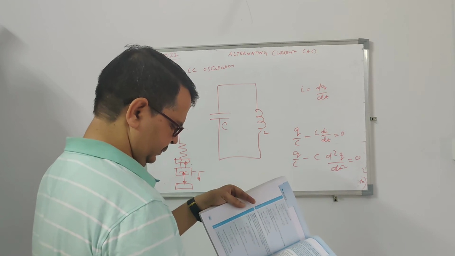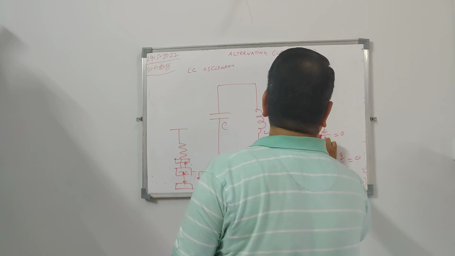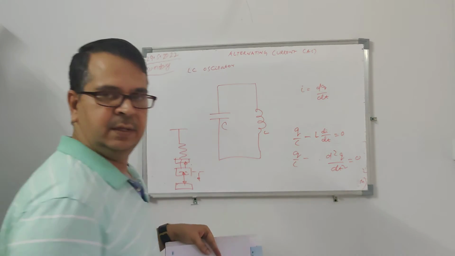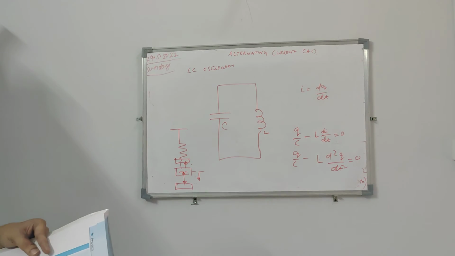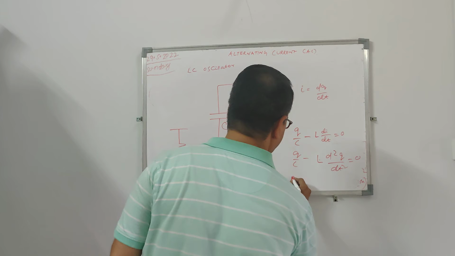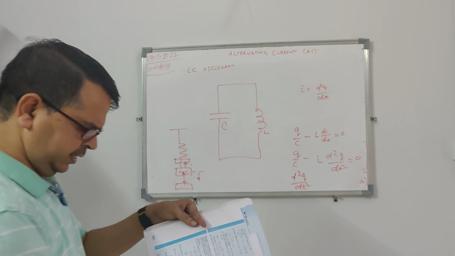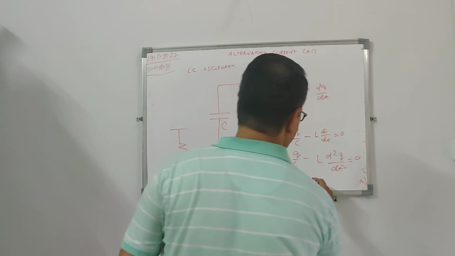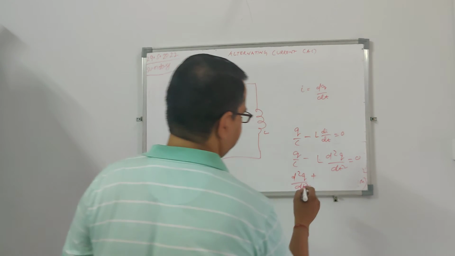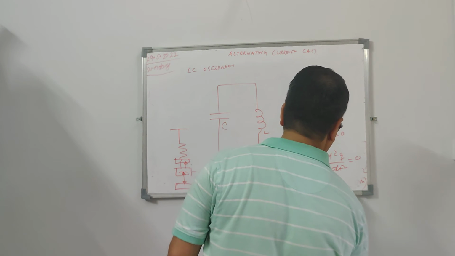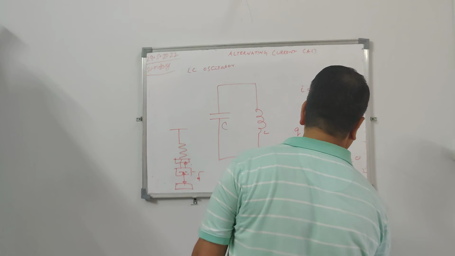Sorry, there is a mistake there: it is L di by dt, so this is L d square q by dt square. So I can write this as d square q by dt square plus 1 by LC into q is equal to 0.